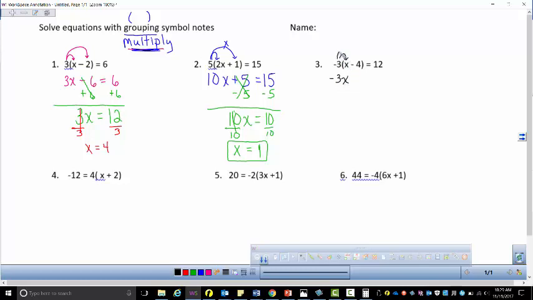And now I'm going to take negative 3 times a negative 4. So you have a negative and a negative. You have two signs. So that becomes plus 12. It's plus because you have two signs. Equals 12.